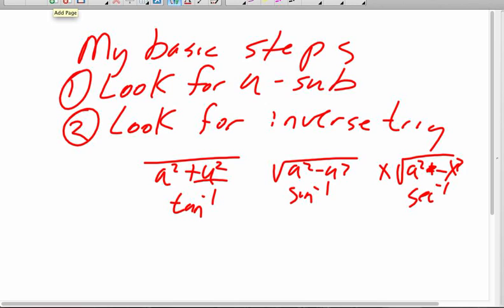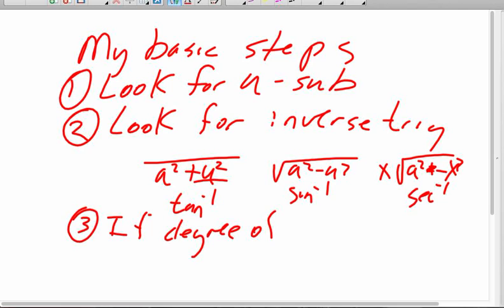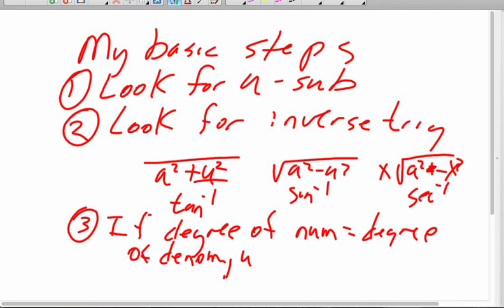Okay. So you need to know these. Third thing then, if degree of numerator equals degree of denominator, use polynomial division.